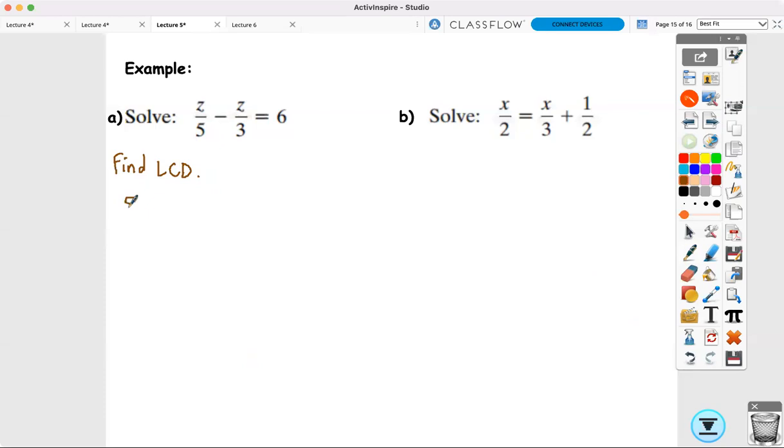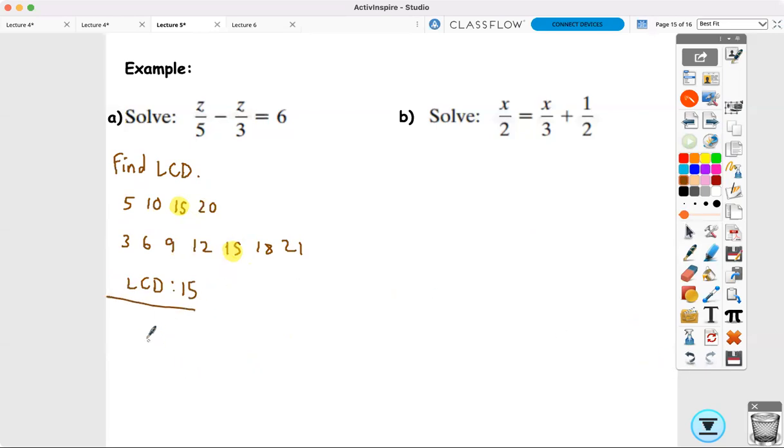We have 5 and 3. So we're going to do the multiples of these. So 5, 10, 15, 20. And then we have 3, 6, 9, 12, 15, 18, 21. I see it there. We have the 15 on both sides. So the LCD is 15. Everyone comfortable with how I found it?